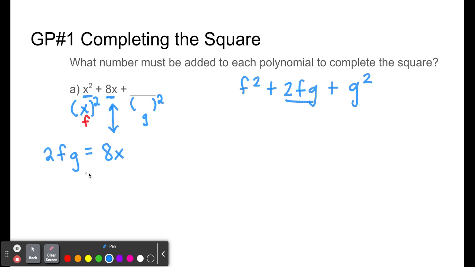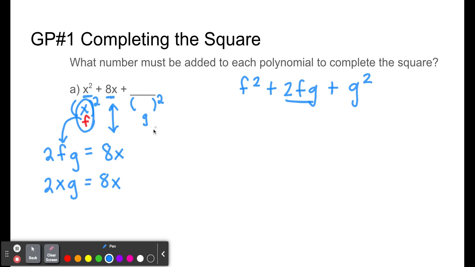So if we wanted to solve for g, we could do some finagling here. Remember that x is in place of f when it comes to the special pattern. So we can take that x and substitute it here for f. So instead of 2 times f times g, we could say 2 times x times g is equal to 8x.